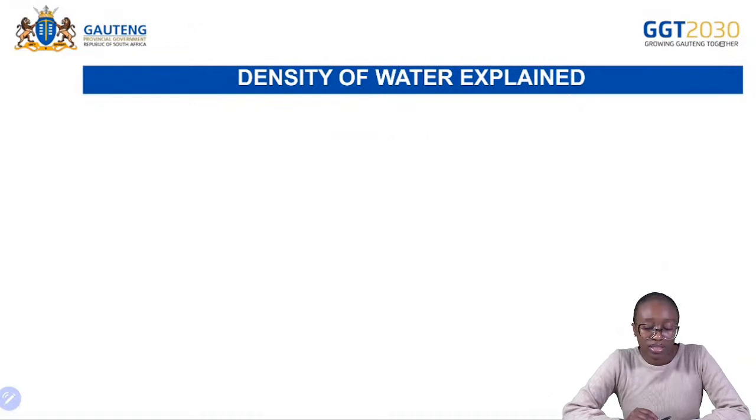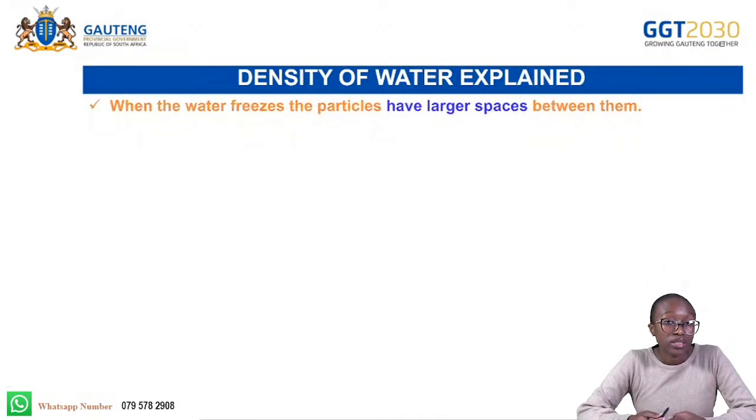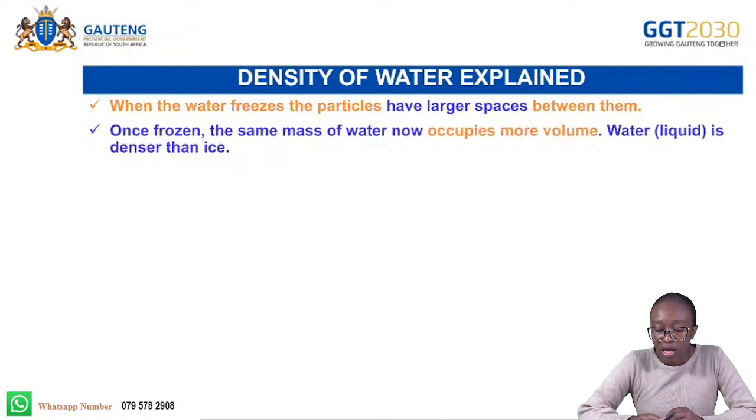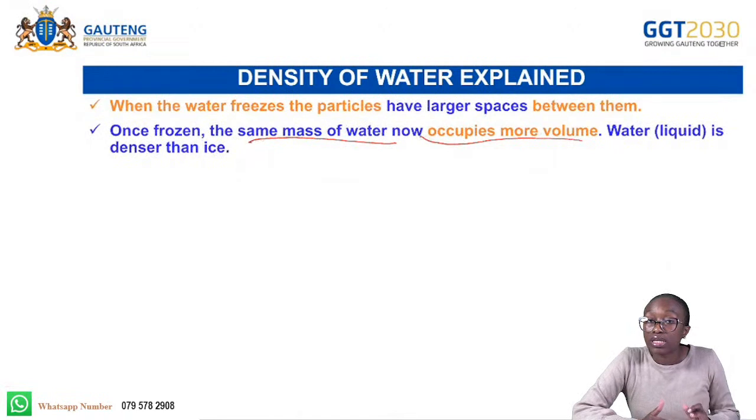Now, we have an exception to the rule. Let's explain the density of water. When water freezes, what do we get? We get ice. When water freezes, the spaces between the particles become larger. This is water as an exception. Once frozen, the same mass of water now occupies more volume.